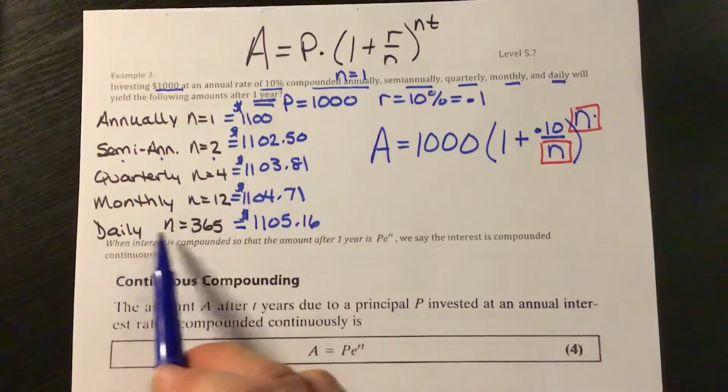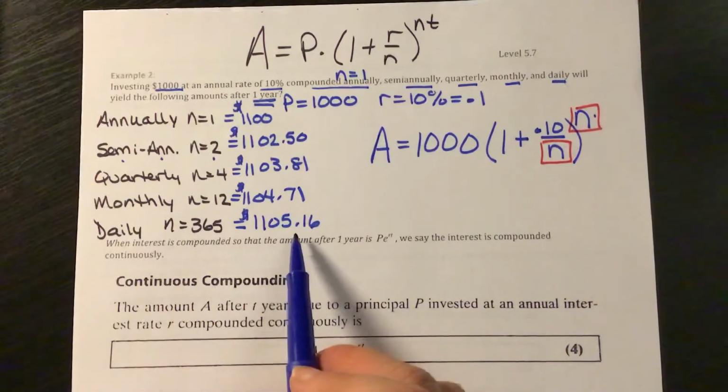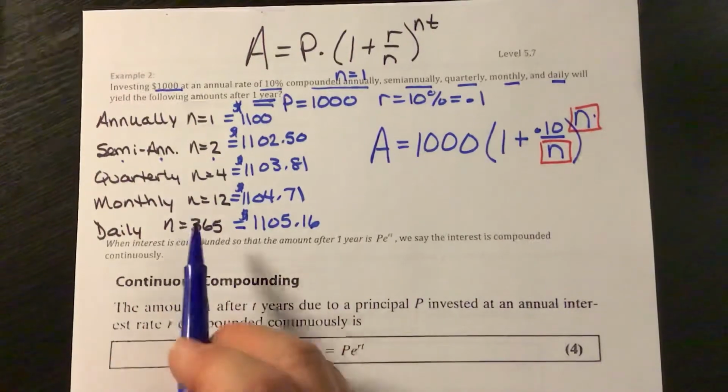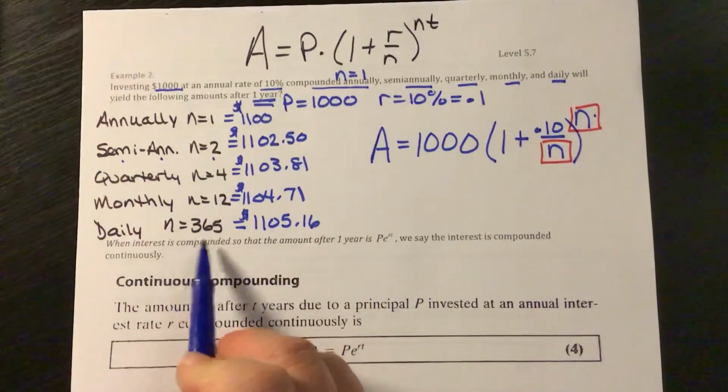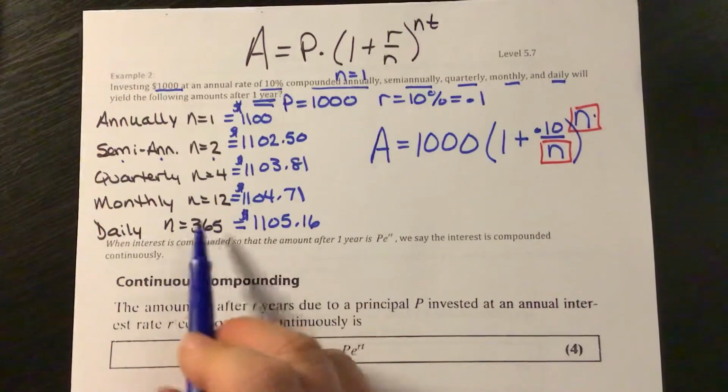But if I calculate it every day, my interest would be $105.16 at the end of the year. All right, so we could keep breaking this time down, so I could calculate every 12 hours, where this would just be twice this amount, 730, I think that would be.